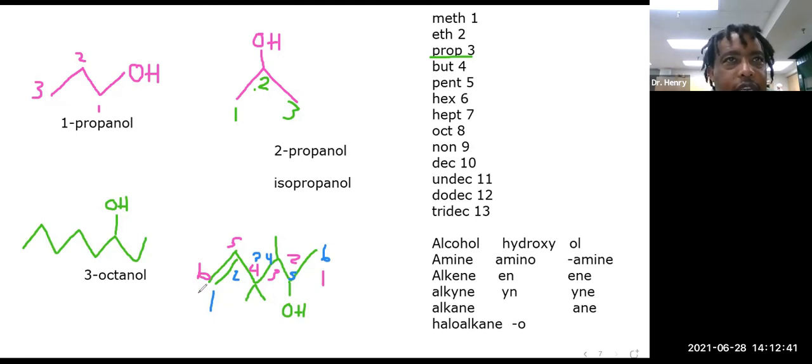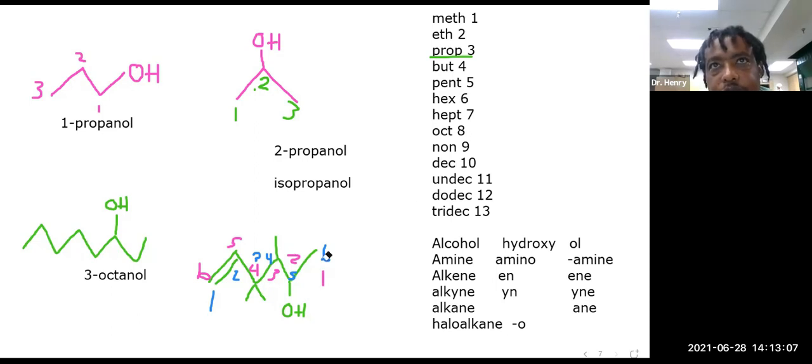If we count it with the blue, the OH would have 5, compared to if we count it with the pink, the OH has a 2. Which one has a lower number? 5 or 2? 2. So you always want the one who has the most priority to have the lowest number.